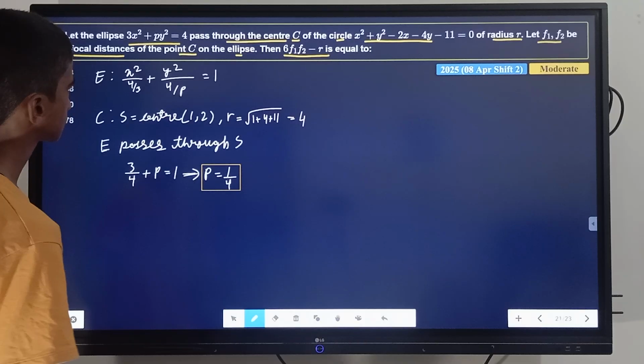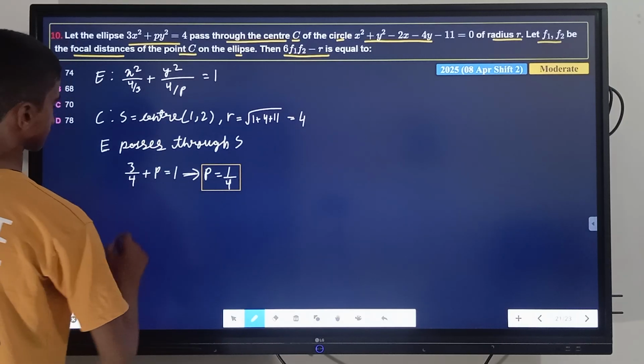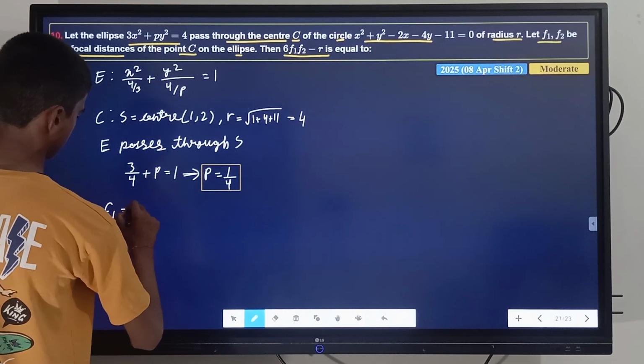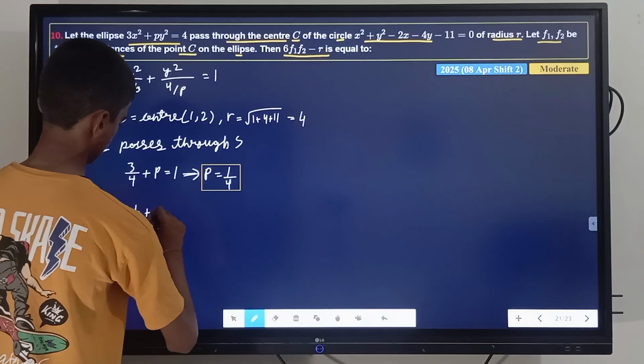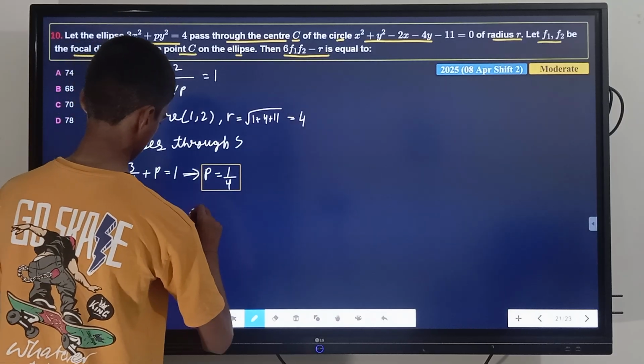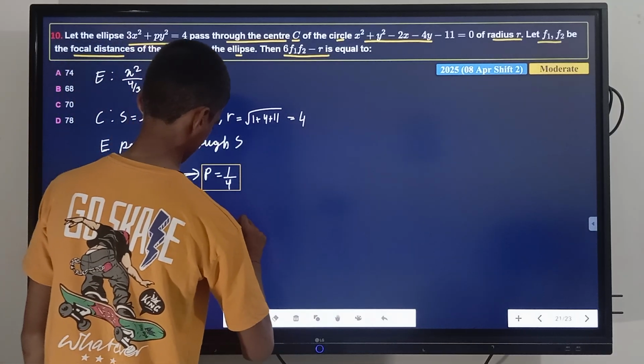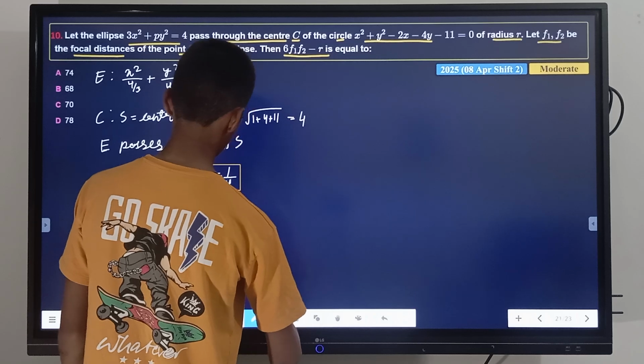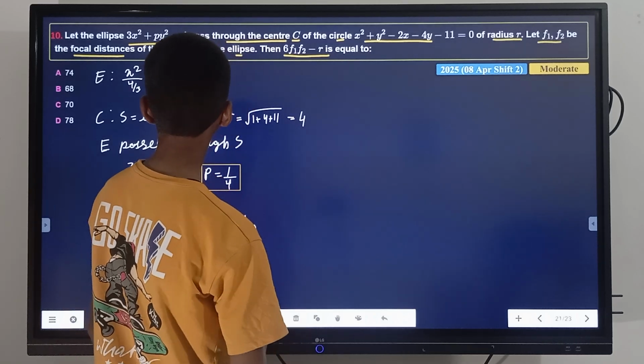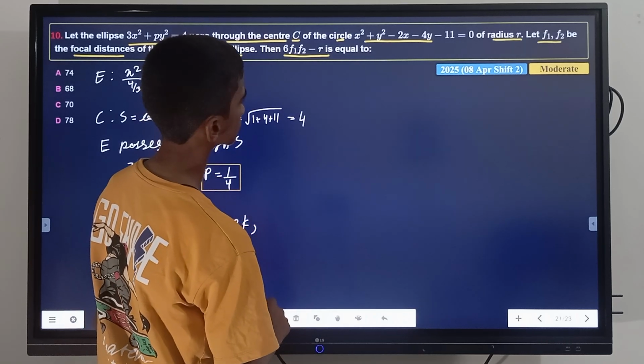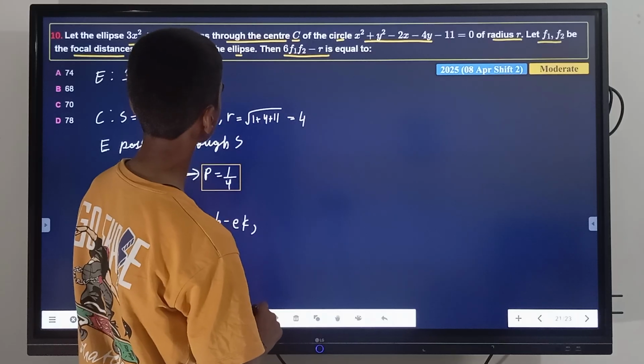So now F1 will be b plus e k, and F2 will be b minus e k, where the ellipse passes through the center.